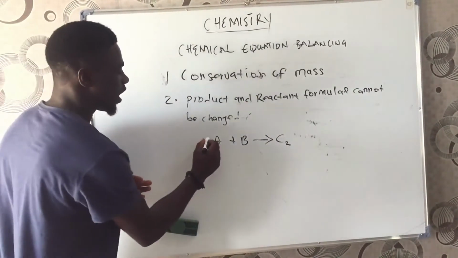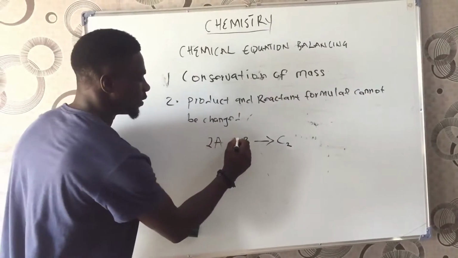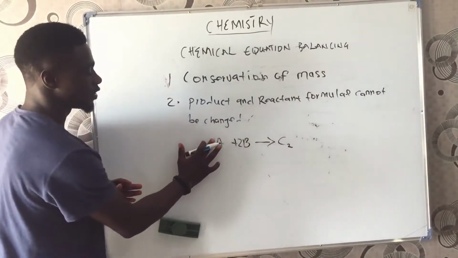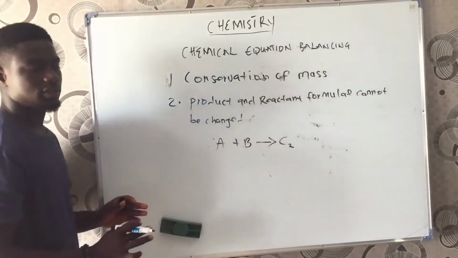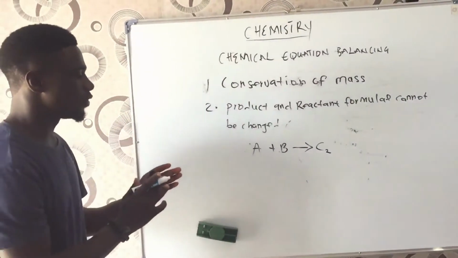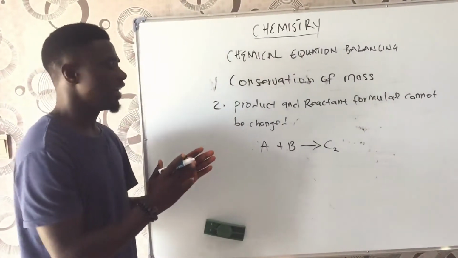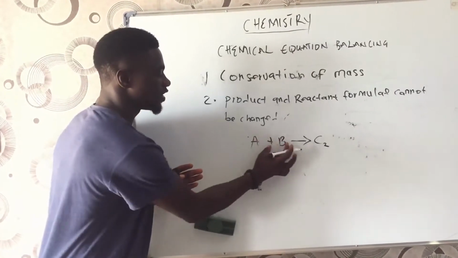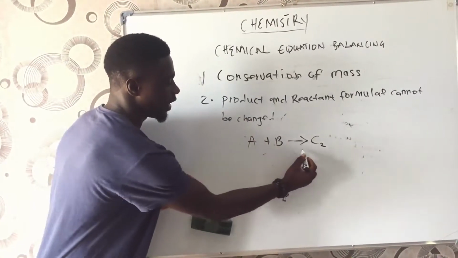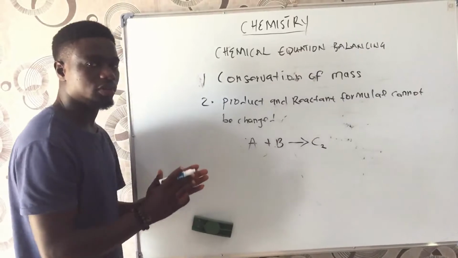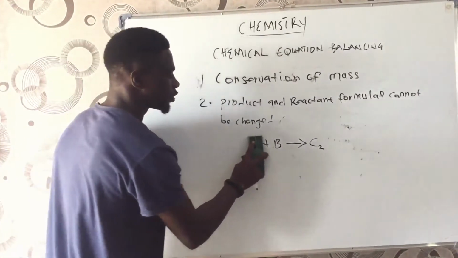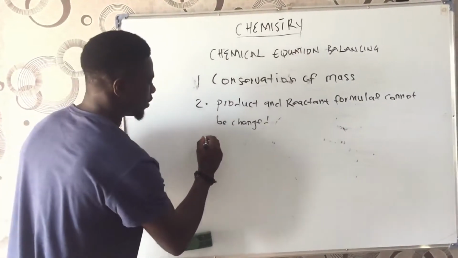What can be changed are the numbers in front of each of these elements. So basically, if you're reacting A with B, it can't be changed. This is the reactant and this is the product. They can't be altered.